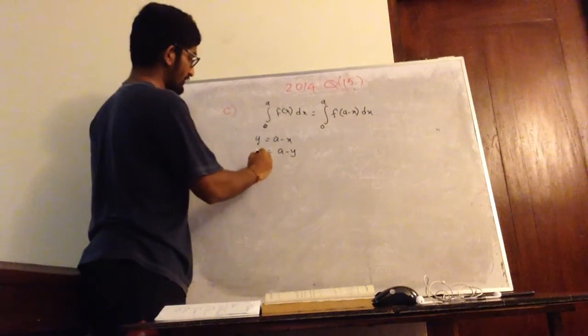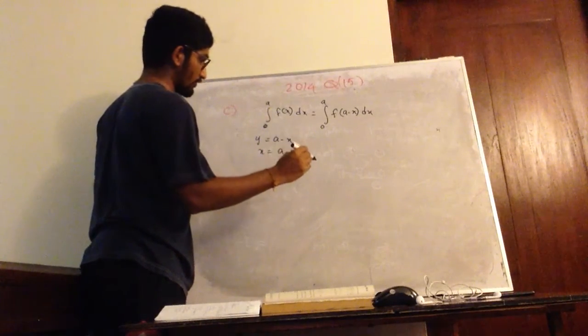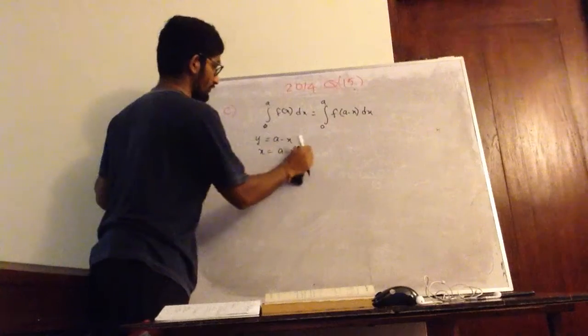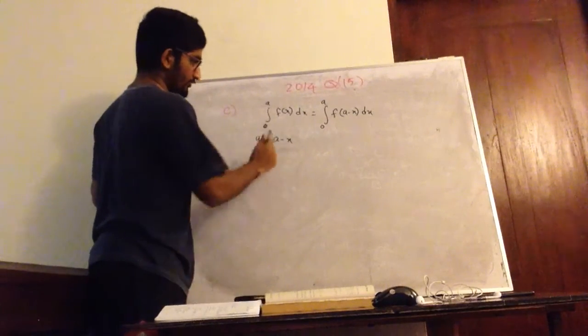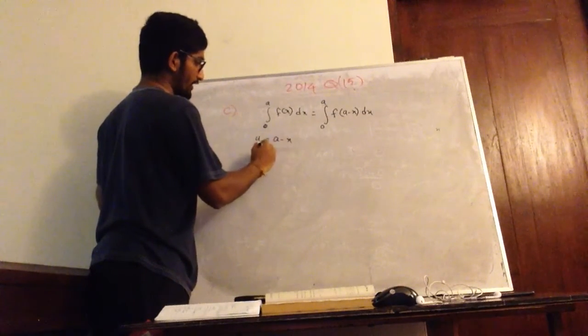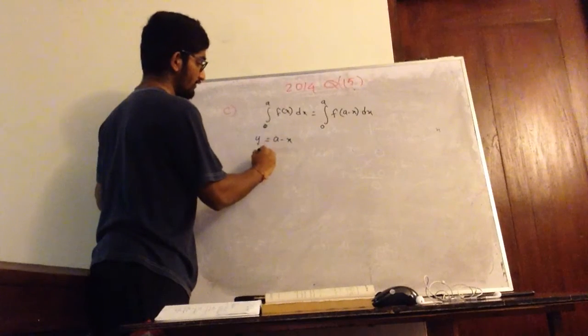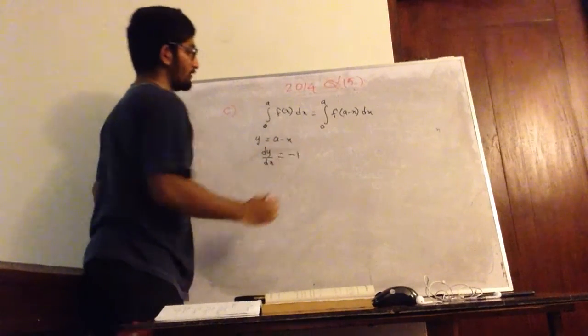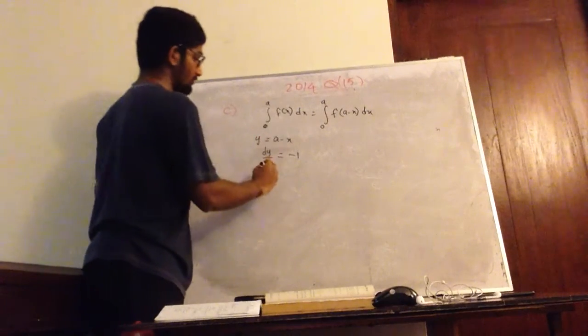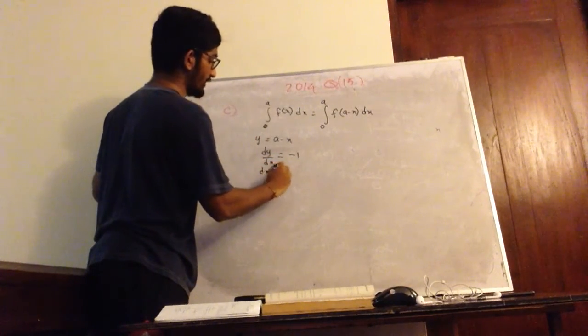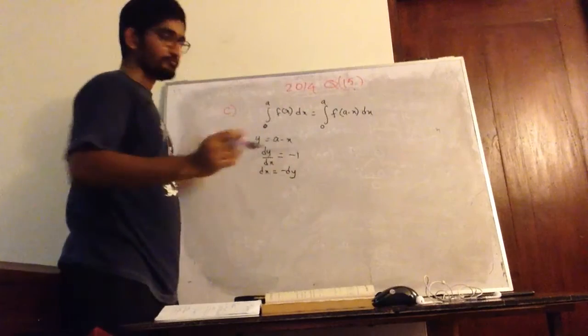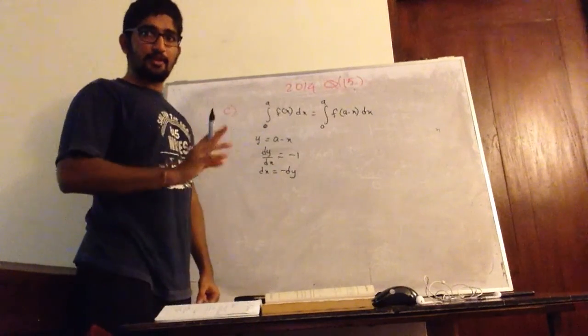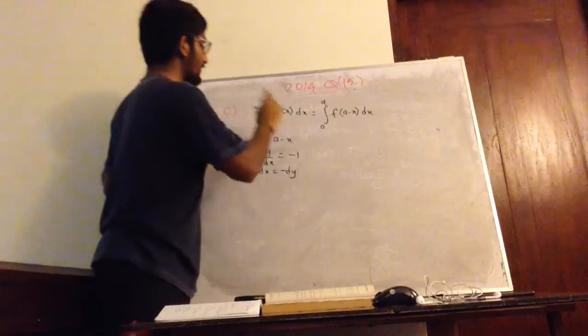So now I'm going to differentiate. So dy over dx is going to be minus 1. So basically dx is going to be minus dy. That is there.